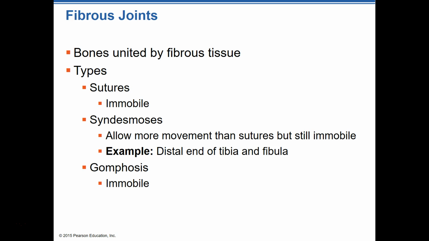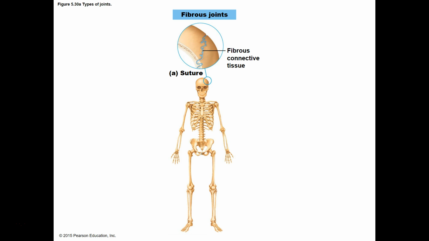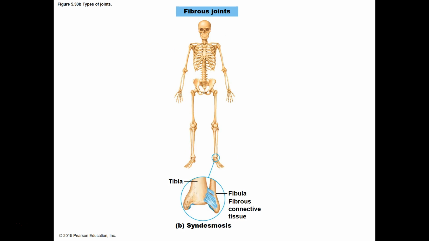Looking at fibrous joints, these fibrous joints are where bones are held together by fibrous tissue. Usually they're immobile and they have sutures between them. The best example of that are the joints of the skull. Okay, so those are just those fibrous connective tissue joints.